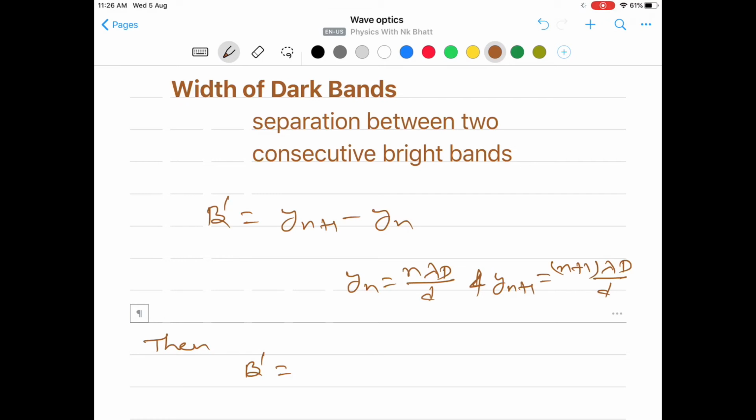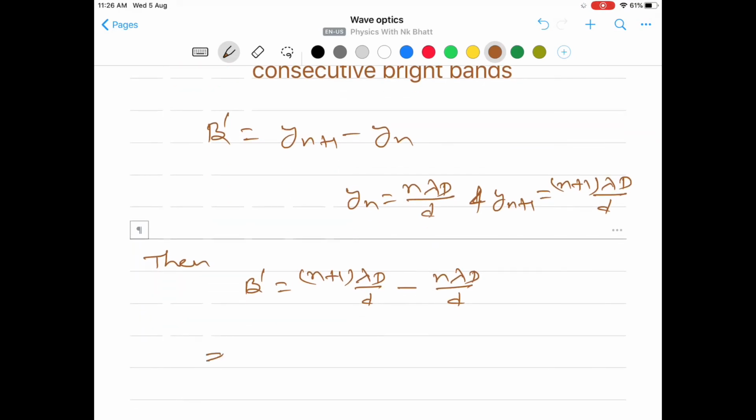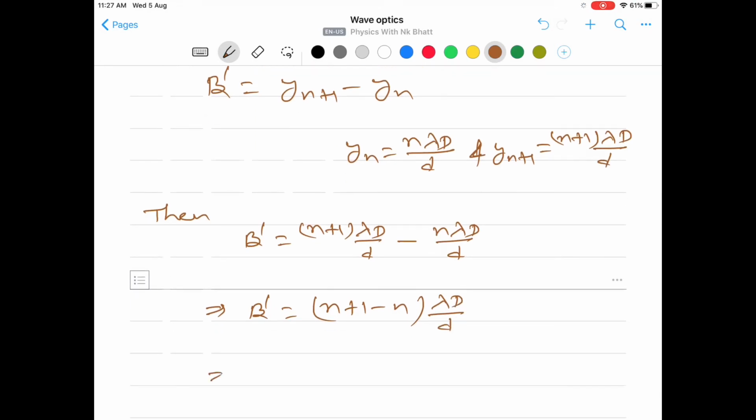Then beta dash is equal to (n plus 1) lambda D upon d minus n lambda D upon d. So lambda D upon d is common. From the first bracket it is n plus 1 minus n, lambda D upon d.